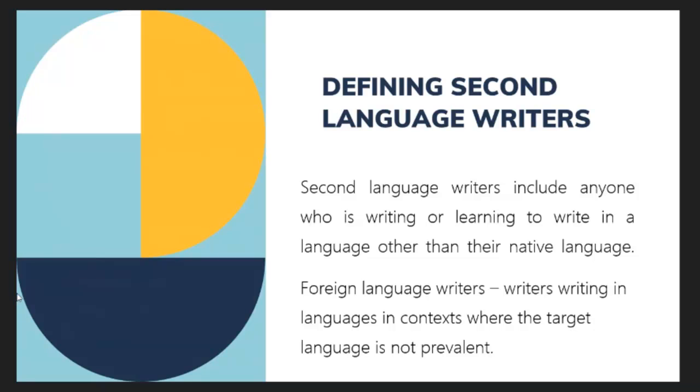This will include both second language and foreign language, and also the third, the fourth, or the fifth language. Meanwhile, the second one refers to writers writing in a language where the target language is not commonly used. This is the case of English use of Vietnamese EFL learners in Vietnam.